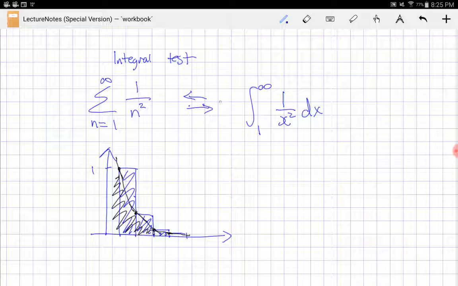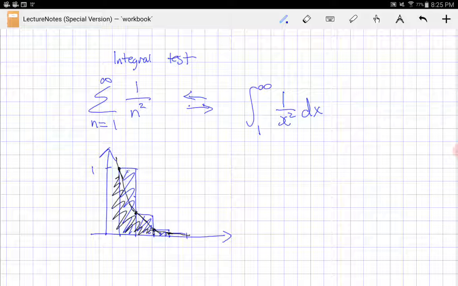So this is a two-way street, if you will, where if you know the behavior of one, you know the behavior of the other. That is not to say that the sum of 1 over n squared is equal to the integral of 1 over x squared. This can be very clearly seen in this graph.